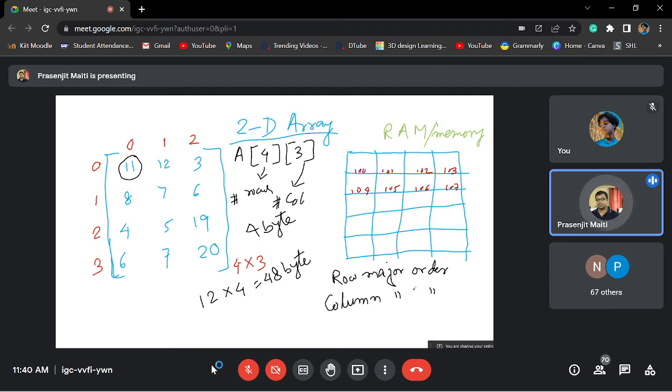What is row major order? If we store 2D array data into RAM row wise, first we store the first row, then the second row, then the third row, then the fourth row, then it is called row major order.